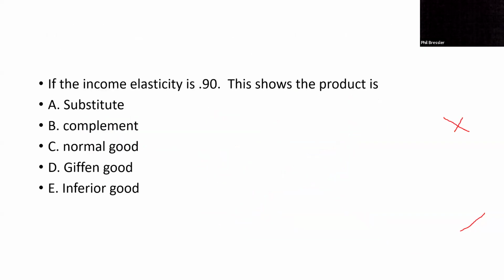All right. Just a little flash from the past. If income elasticity is 0.9, this shows the product is. Okay. I will give you like 45 seconds.